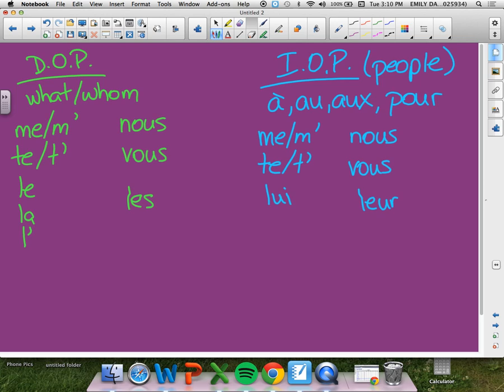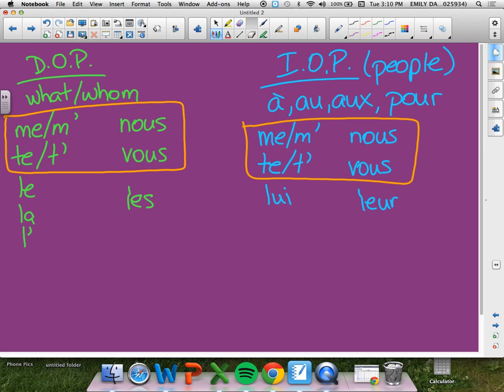You will notice that me, te, nous, and vous are the same in both the direct and the indirect. From context, you will learn which one of those you're using, whether it's direct or indirect. It'll be the context of your sentence, of your paragraph, of your reading. Wherever the pronoun's used, you'll know from context which pronoun you're using.